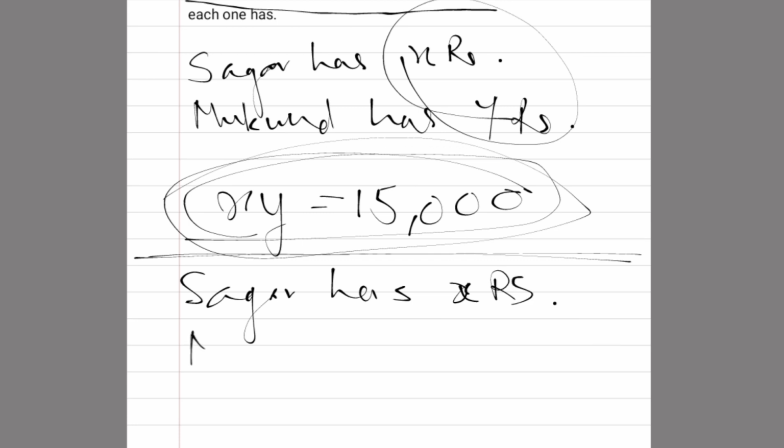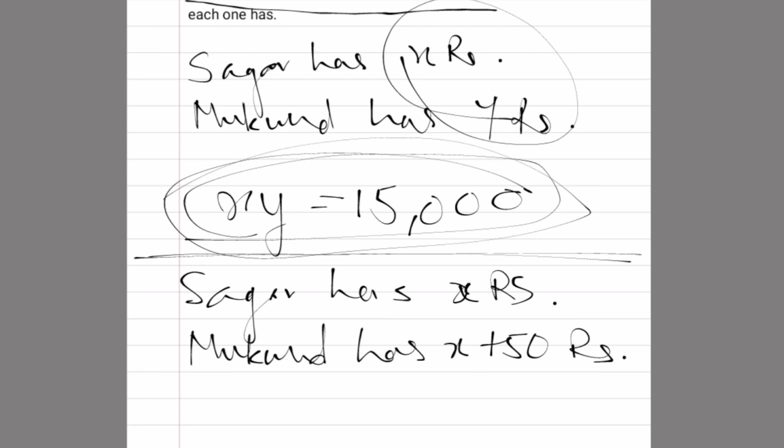So Mukund has x plus 50 rupees, right? Because x में अगर 50 ऐड किया तो we will get मुकुंद की money, right?